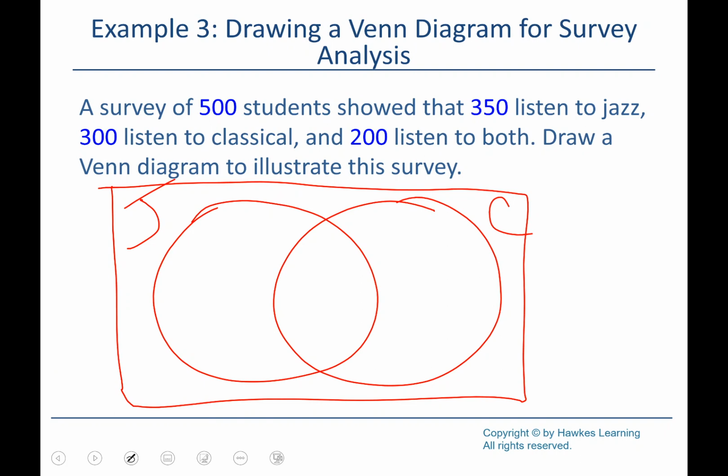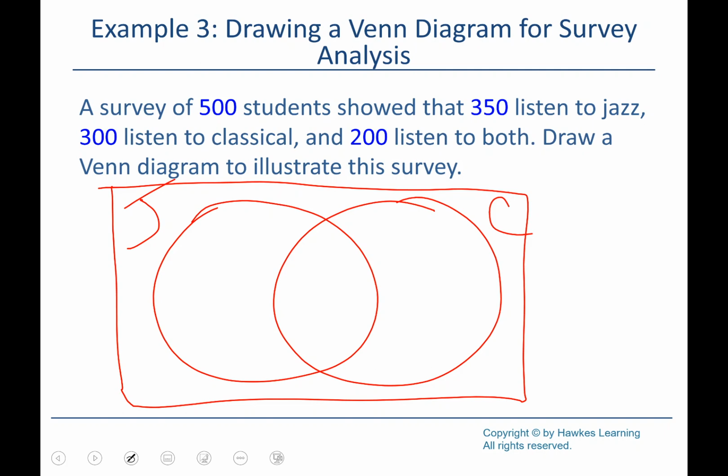So on these, when we're filling them out, what we want to do is start at the center, where we have the most overlaps, and then work our way out. With two circles, we only have one overlap to consider. When we have three, we've got the place where all three overlap. We would want to start there.